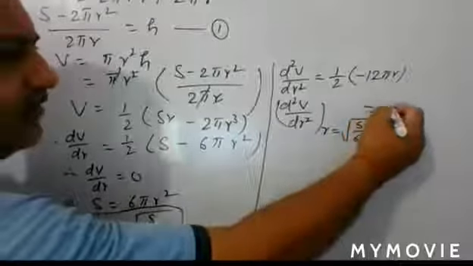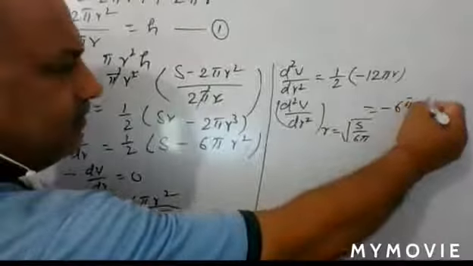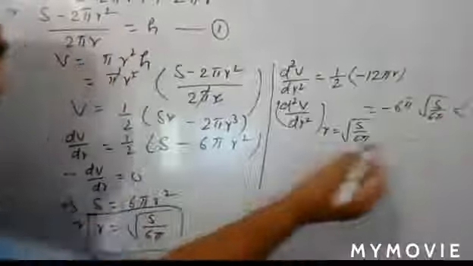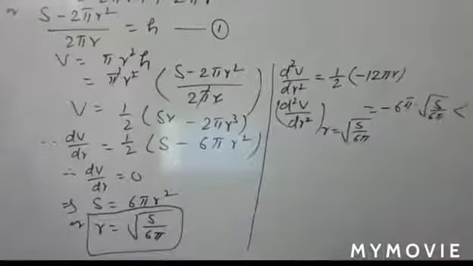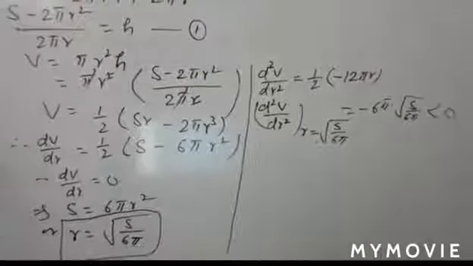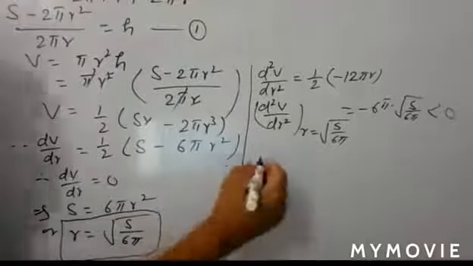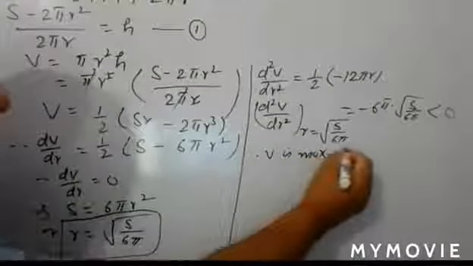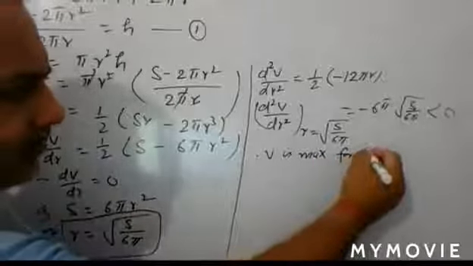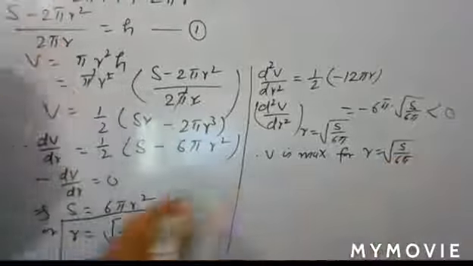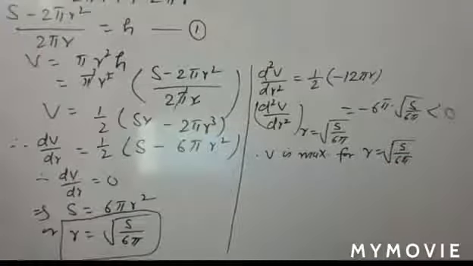That is equal to minus 6 pi into under root S upon 6 pi, which is less than 0. So the second derivative is negative, and it shows that V is maximum. Hence V is maximum for r is equal to under root S upon 6 pi.